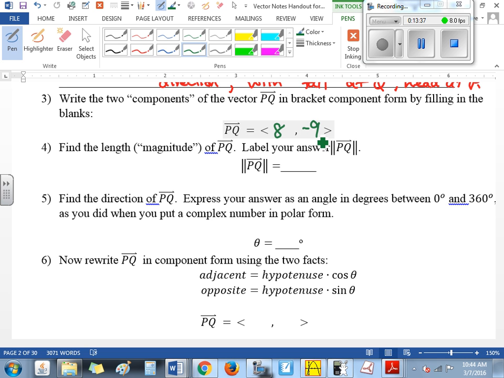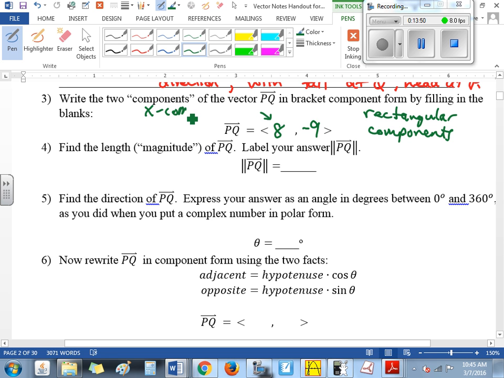This is called the rectangular component form. Rectangular components. And this little guy, of course, would be called the x component. And this little guy, you guessed it, he's the y component. X component, y component, obviously. Okay.